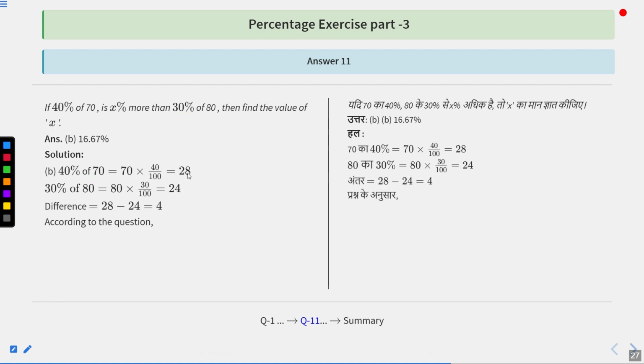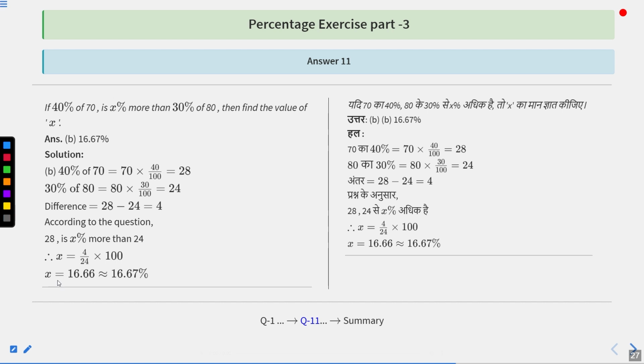Now, the difference of 28 and 24 is 4. But according to the question, it was X% more. So 28 is X% more than 24. That means X equals 4 upon 24, difference upon original into 100. So we get the value of X as 16.66 or 16.67 percent. Option number B is the right answer.